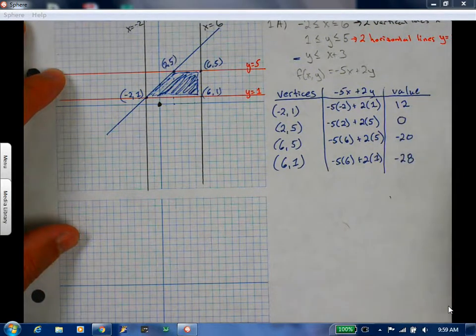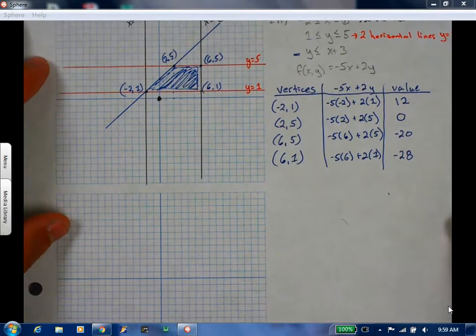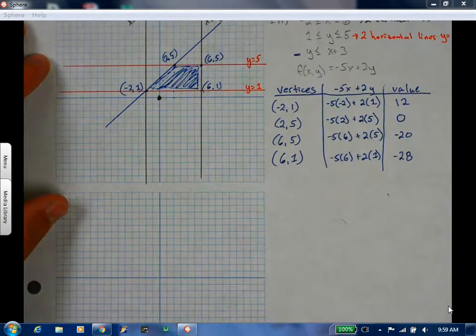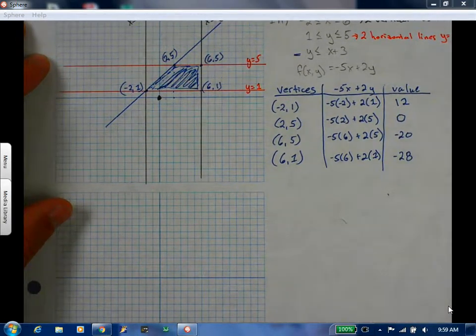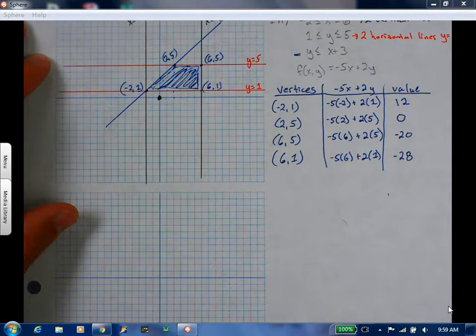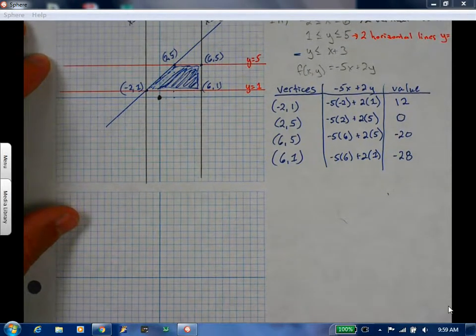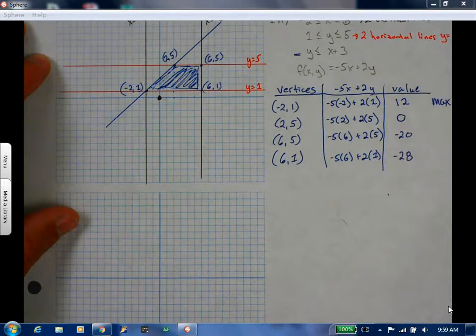Put them in order. So what's the highest value that I have? So that's going to be our maximum. Lowest is negative 28.